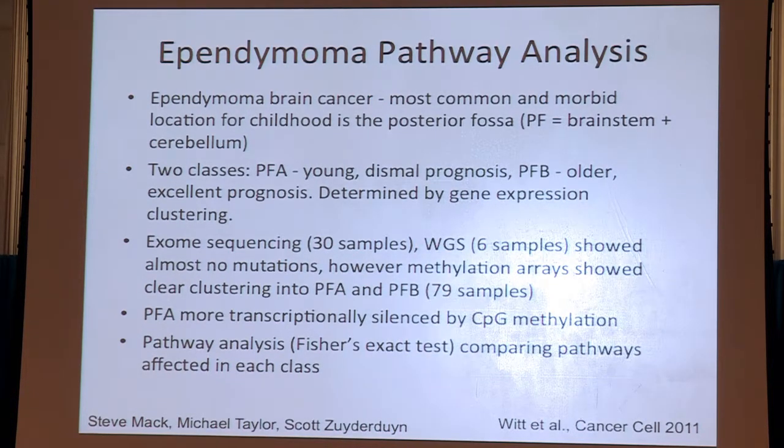They looked at DNA methylation arrays on 79 samples, and they found that this showed the same clear clustering into A and B classes, where the A sample was more transcriptionally silenced by CpG methylation. And that A sample is the more serious one with the more dismal prognosis.